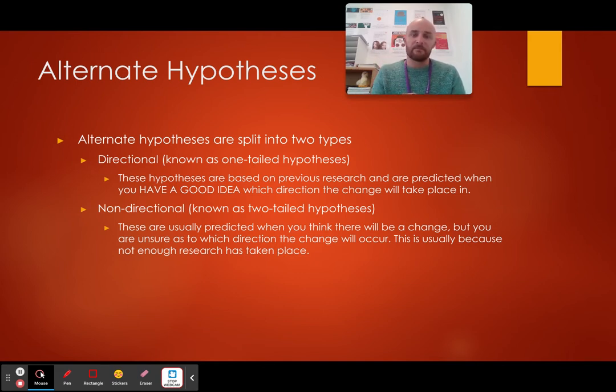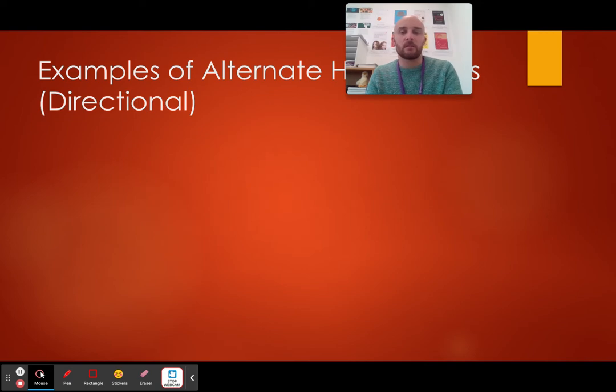Non-directional hypotheses have words like affect, influence, manipulate, difference. Something is going to happen. The IV is going to affect the DV. I just don't know which direction it's going to go. So you can figure out whether it's non-directional or directional based on the words that you use.